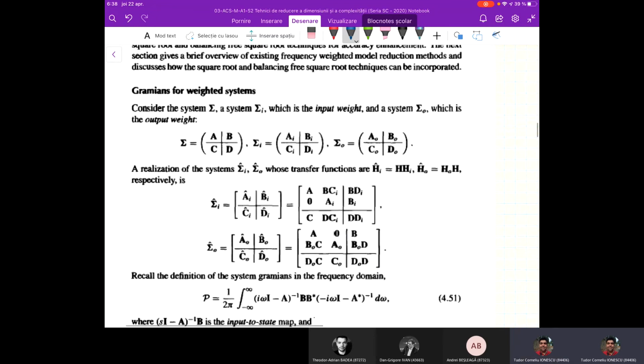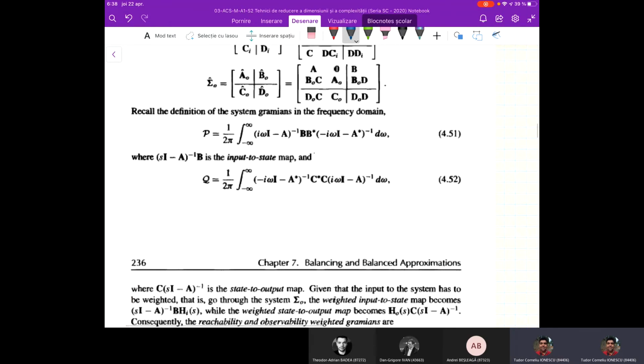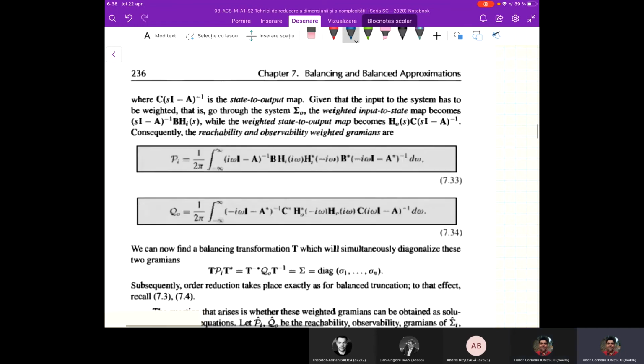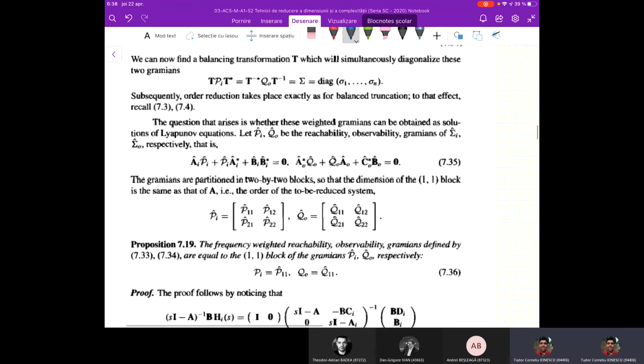And you can have gradients for the weighted system. The weighted system is the series of input weight times system and output weight. You can define new gradients, and you can balance these gradients, and you can use specific Lyapunov equations for these gradients.